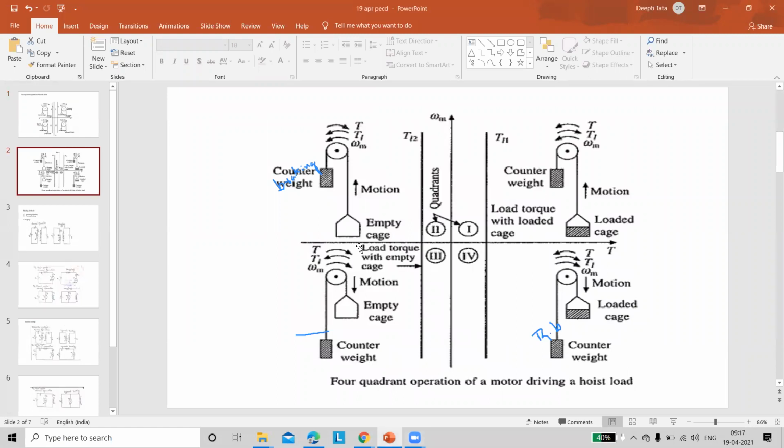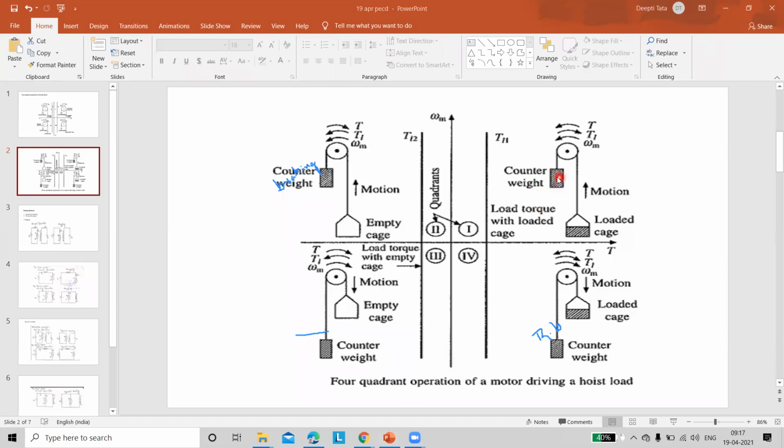First, let us recall a few points regarding this topic, then we will go to the next topic. Here we have to explain two things: one is the counterweight and the second is the loaded cage. What is the loaded cage and what is the counterweight? And how much weight you have to place in the counterweight. That means, what is the relation between the counterweight and the cage weight?